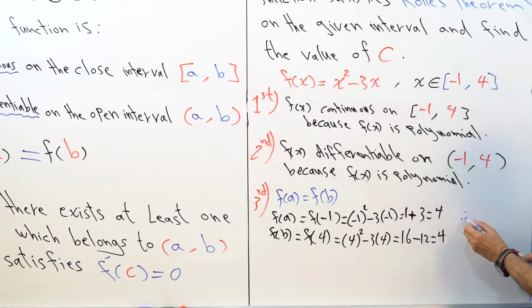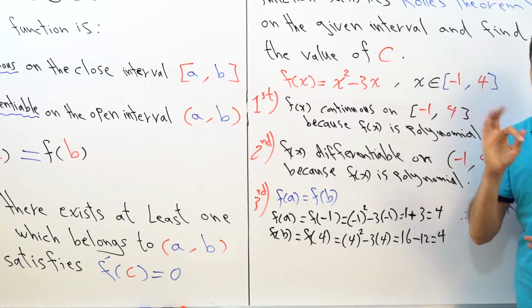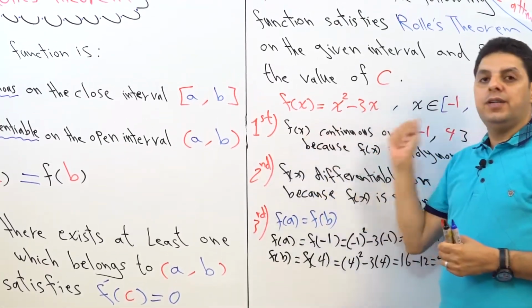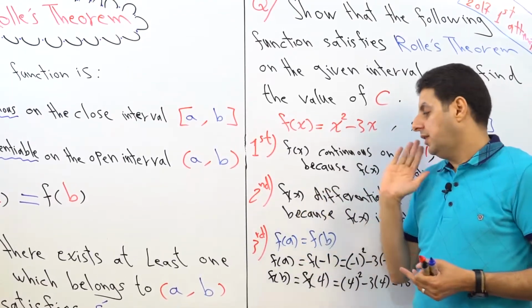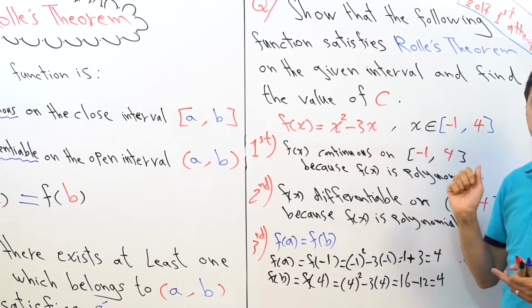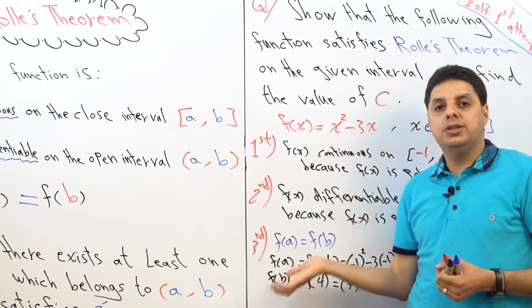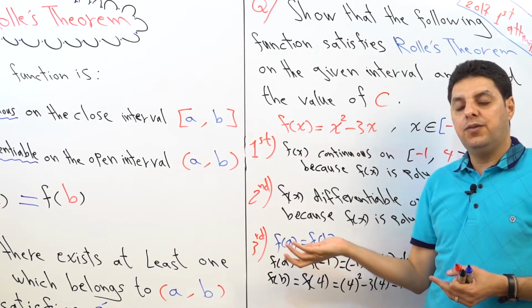Then f of a equals f of b, so the three conditions are satisfied: f of x is continuous, f of x is differentiable, and f of a equals f of b.